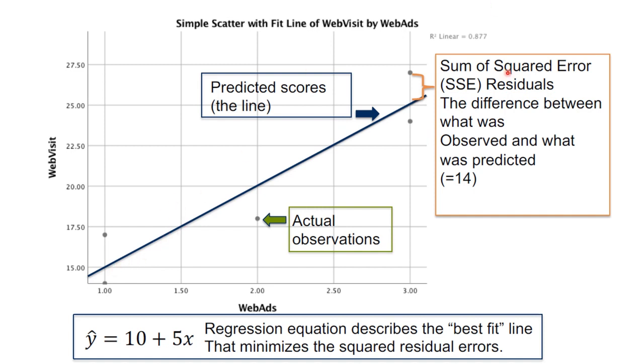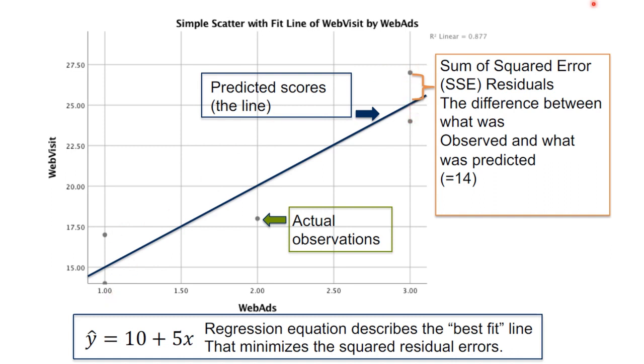And the regression model that we have built is also called the best fit line. It's the best fit line because it minimizes the squared residual errors. Okay, so that sounds like a mouthful. So let's explain what that means. What a regression line is actually based on is the prediction of every value that is possible within the range of the observations.